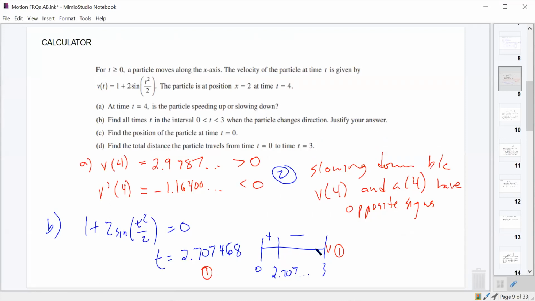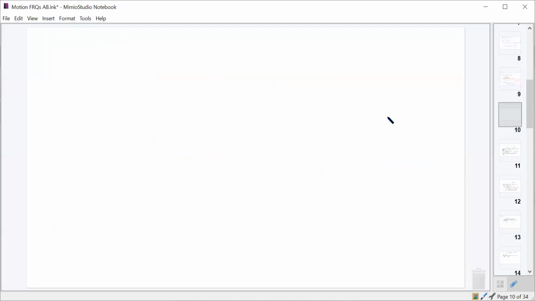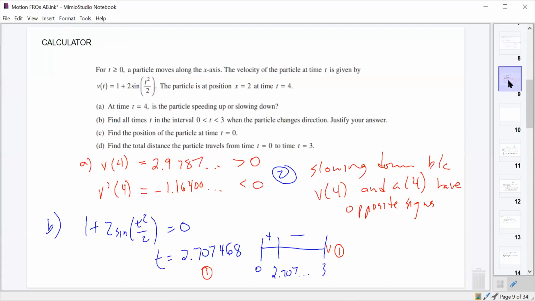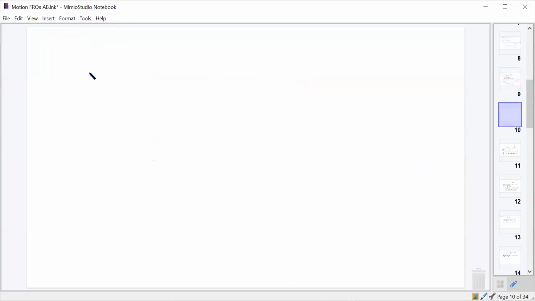All right, part C. Part C asks us to find the position of the particle at time t equals 0. In order to figure out that position, we need to take an initial position that we had. We were given a position of 2 when t was 4. So we should just take 2 plus the integral from 4 to 0 of v of t dt.